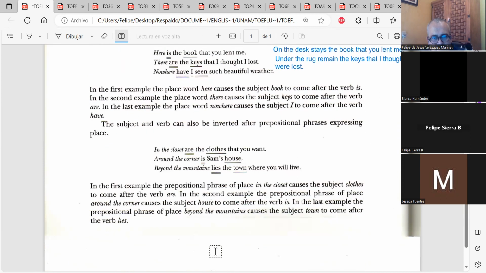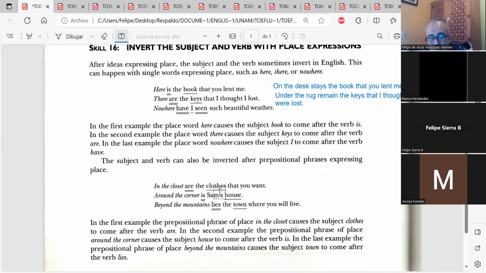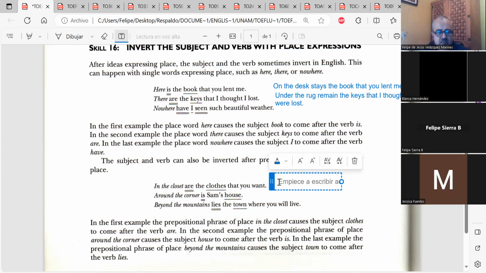But remember, if you want to break the subject verb inversion, you have to use a comma. So if I say in the closet are the clothes that you want, I can also say in the closet, comma, the clothes that you want are, and this way I break the subject verb inversion and I say complement, comma, subject, verb complement.